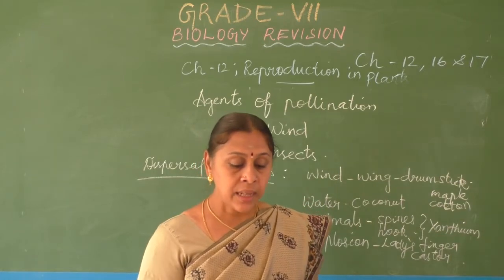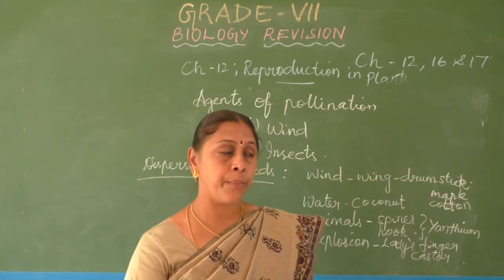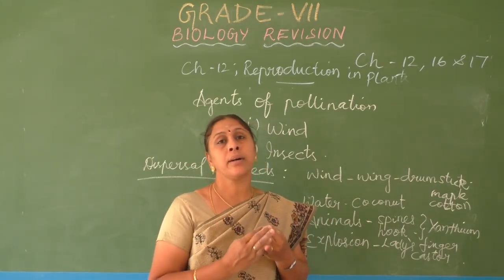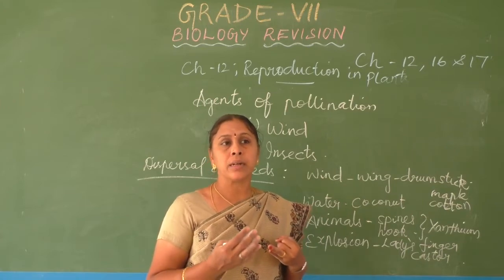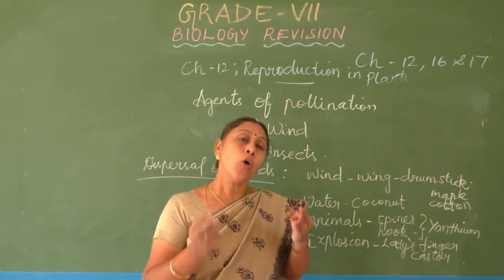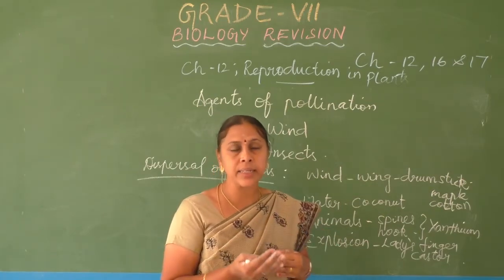Okay, so these are the various ways through which plants reproduce and how they get pollinated. That means transfer of pollen grains, how it happens, then how the seeds are produced. The process of fusion of male and female gametes is called fertilization.